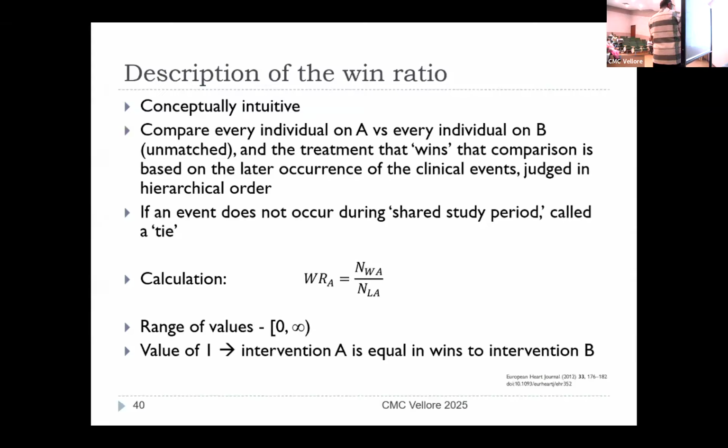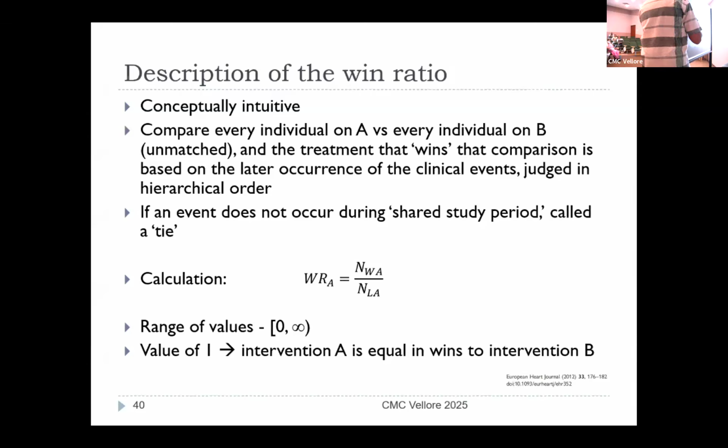And I will compare them on A first. I'm comparing one person in intervention, person number I, to control person number J. If A occurs in I but not in J, then which one wins?